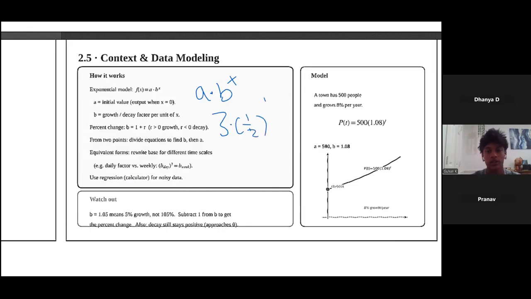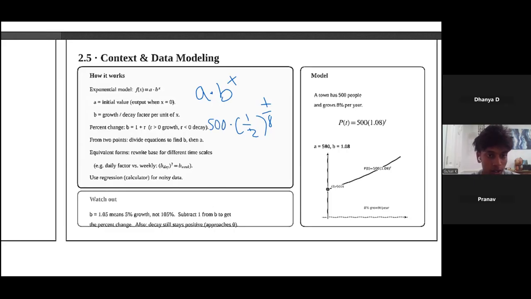Actually, I'm going to change 3 into something bigger, we'll go 500. Why not? 500 times 1/2 to the power of t over 8.